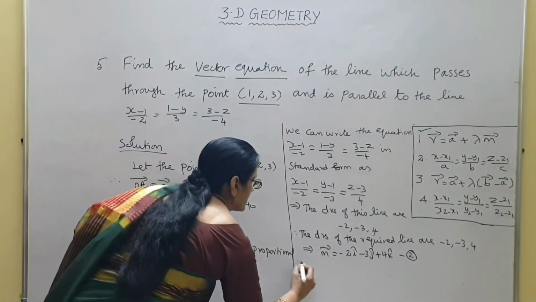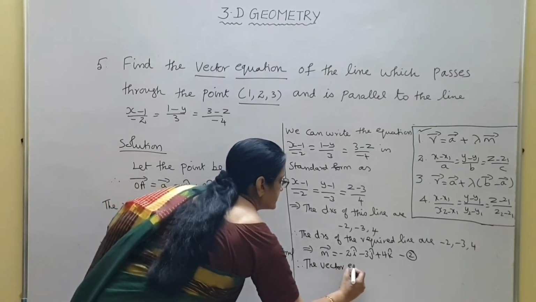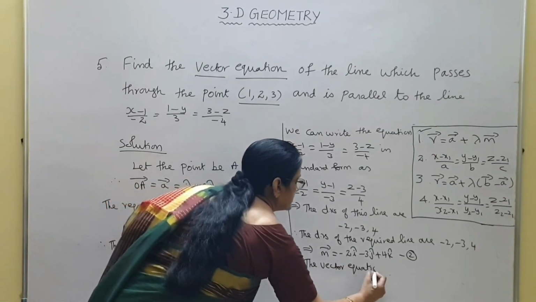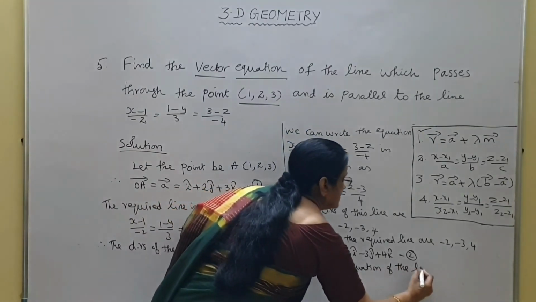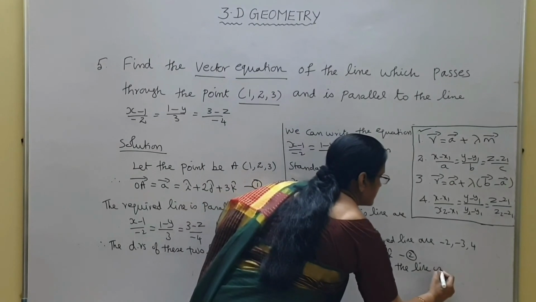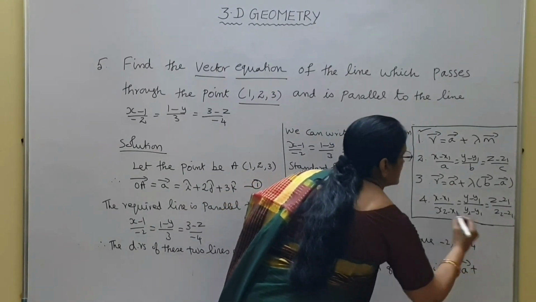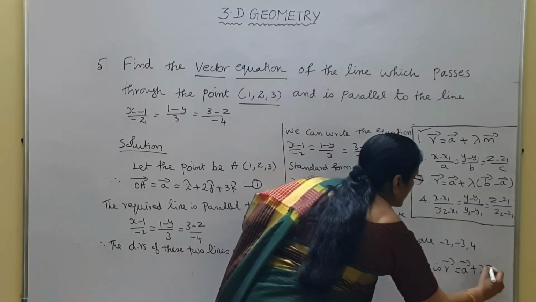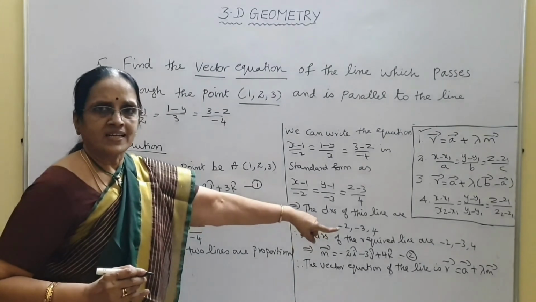Therefore, the vector equation of the line is r vector equal to a vector plus lambda times m vector. Now I have to substitute for a vector and m vector.